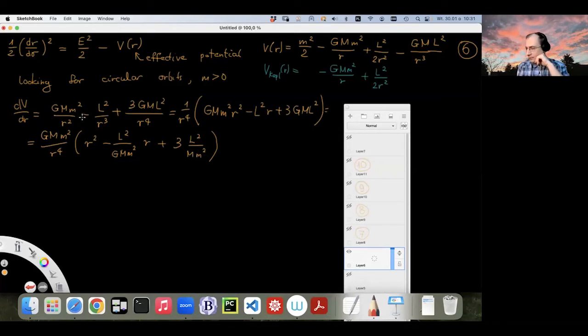Is this correct? There is no capital M here.